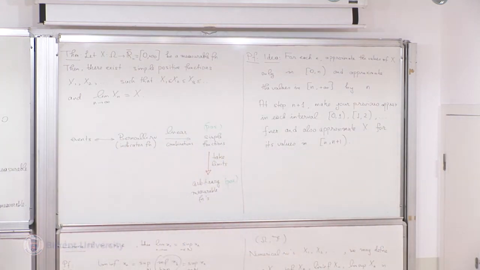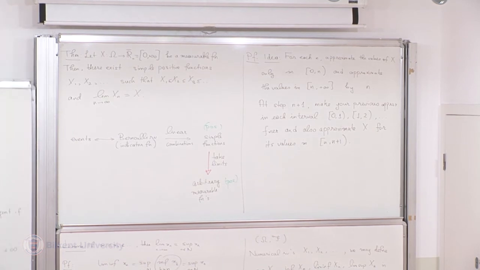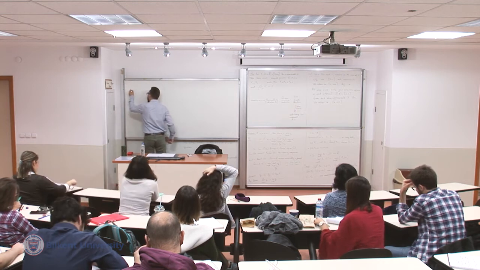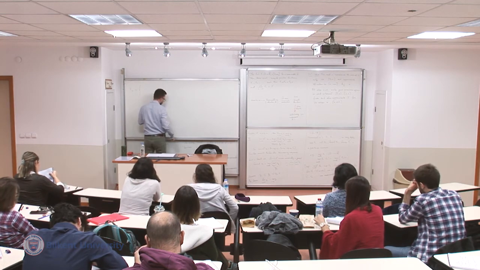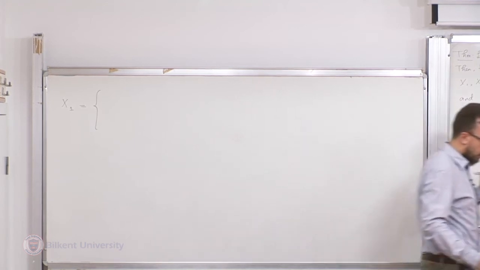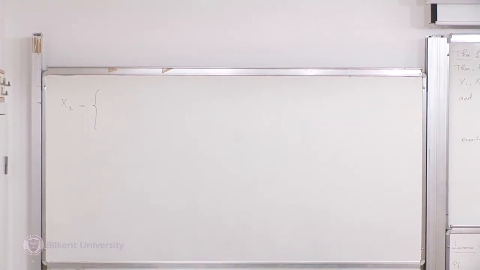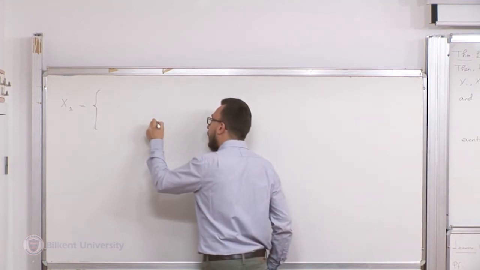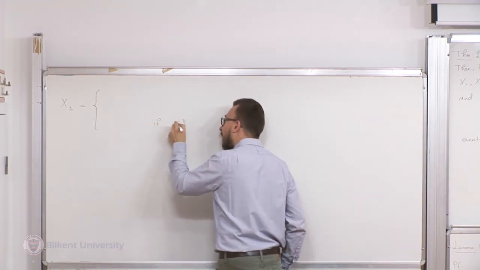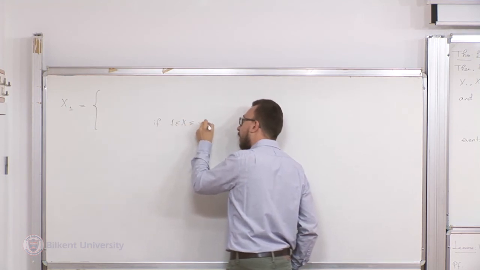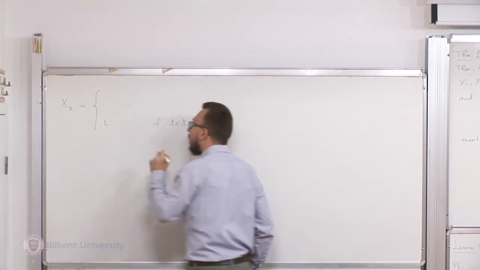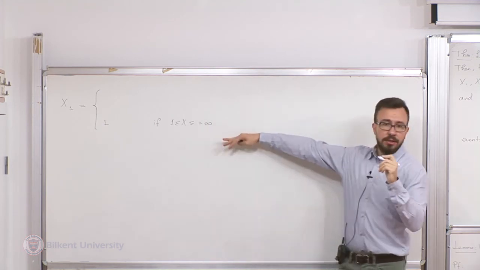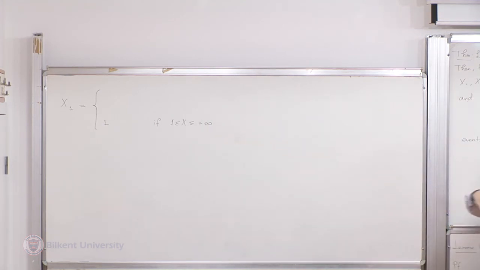Let's make it more concrete. We'd like to define X1, okay? Here's what we're going to do. So first, we will ignore the values after 1. Ignore means if it is above 1, just approximate it as 1. Okay? Ignore the values above 1.